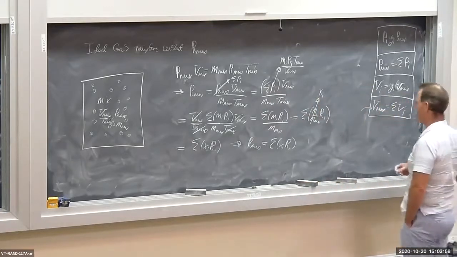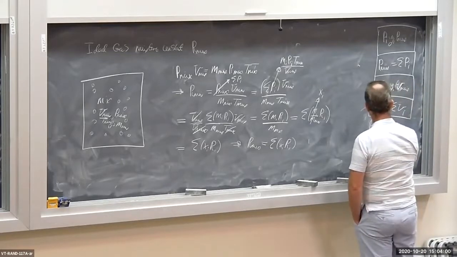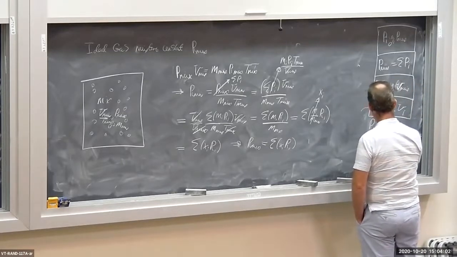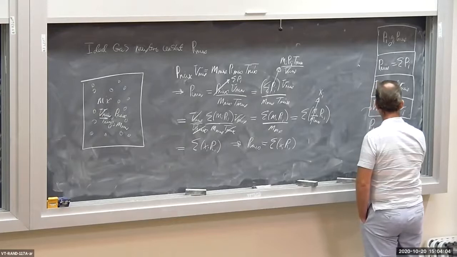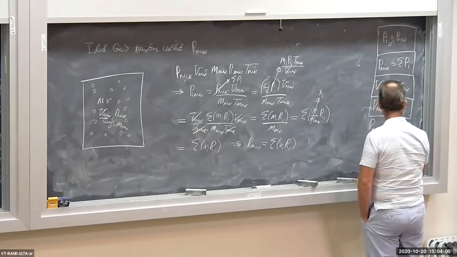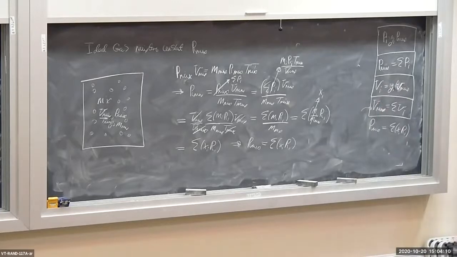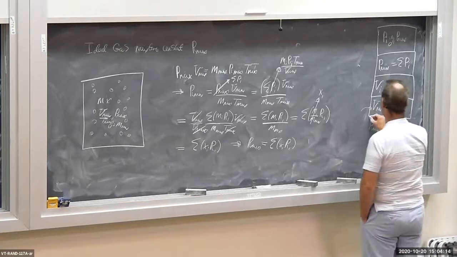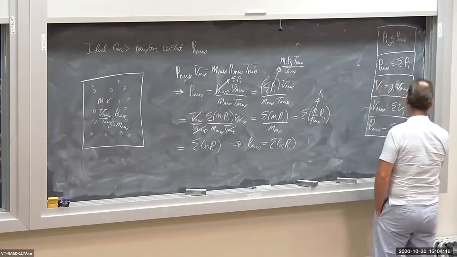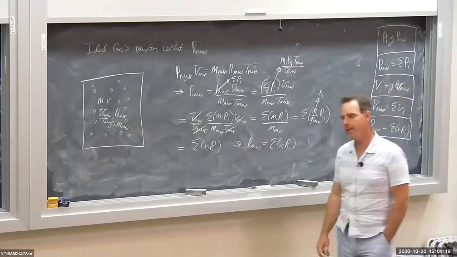So let me put this down here: R mix is equal to the sum of the mass fraction times the component gas constant, summed over all components. That's how you calculate the gas constant for the mixture.